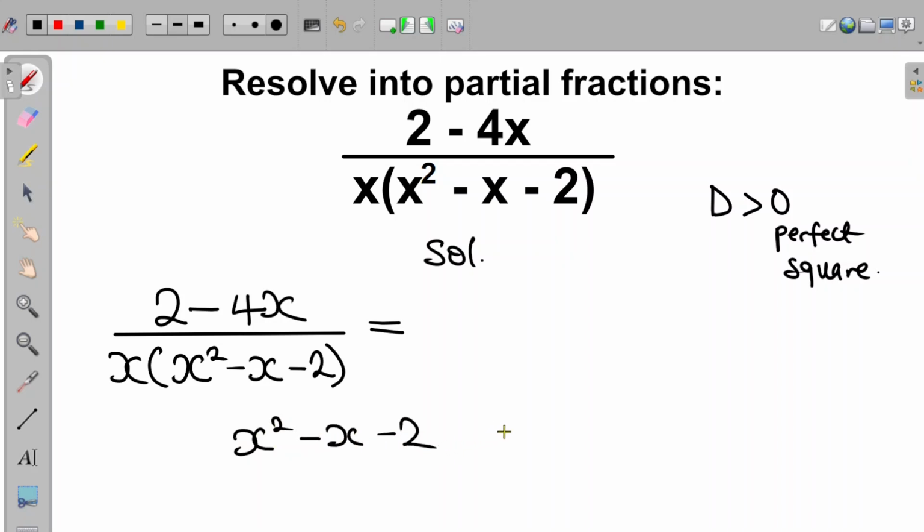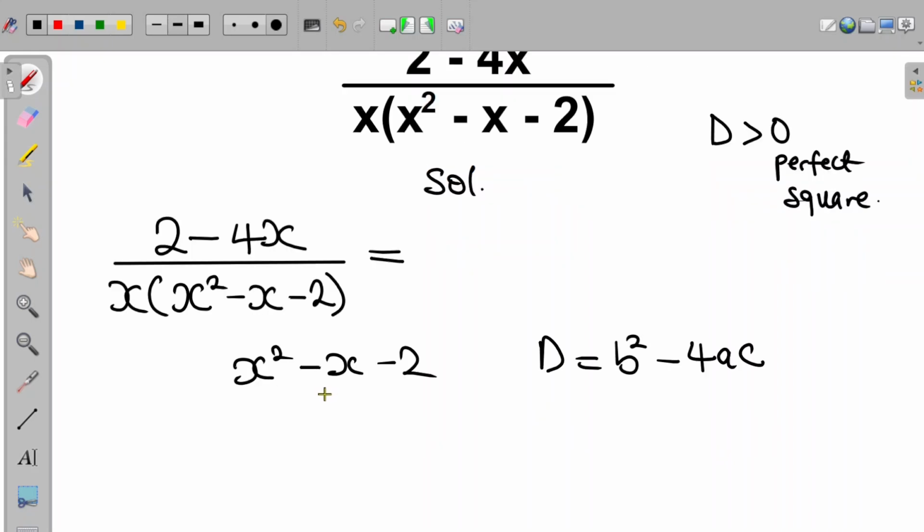So recall that D is equal to b squared minus 4ac. Thus, from the quadratic expression, a is equal to 1, b is equal to minus 1, and c is equal to negative 2.